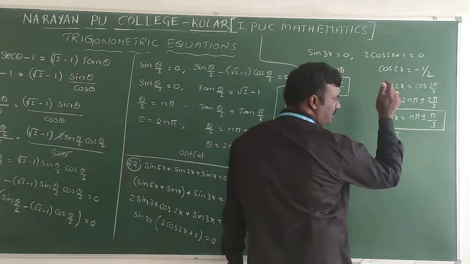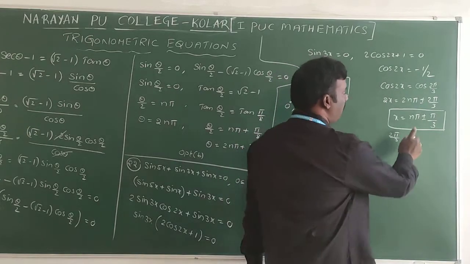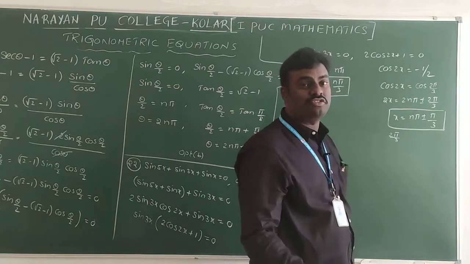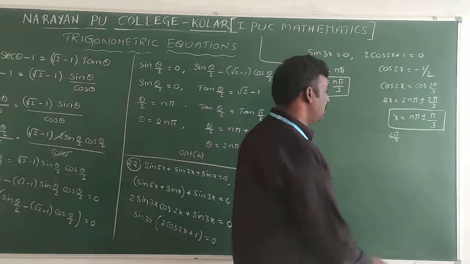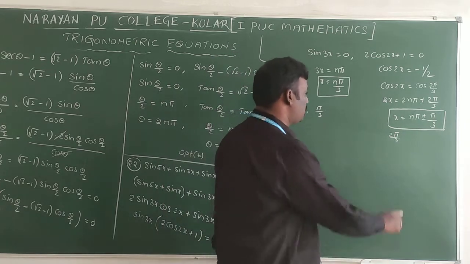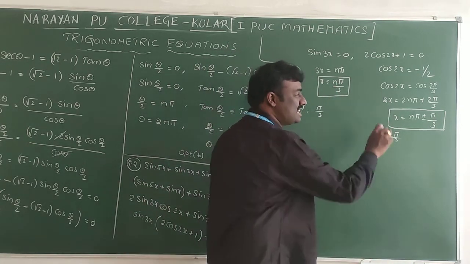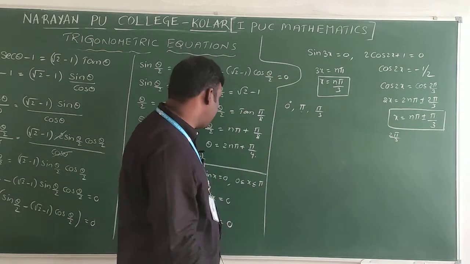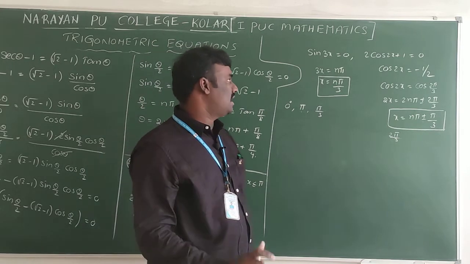Now coming to here, if you take n value 1, pi plus pi by 3, that is 4 pi by 3. 4 pi by 3 will not be included, that is 240. You take pi minus pi by 3, 2 pi by 3. 2 pi by 3 is acting here because 2 pi by 3 is nothing but 120. 120 lies between 0 to 180.